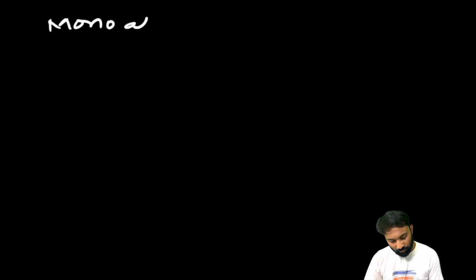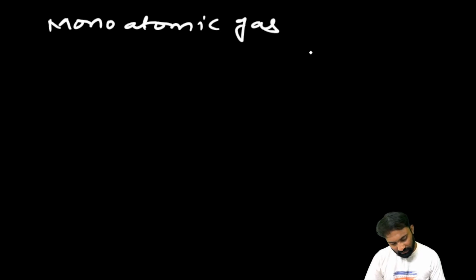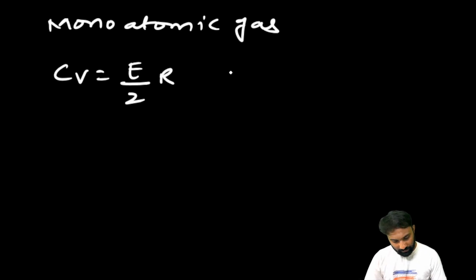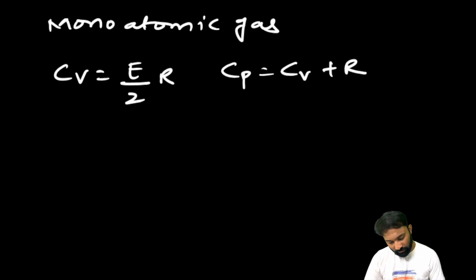For the monoatomic gas, if I want to calculate the degree of freedom, Cv is equal to f by 2 R and Cp is equal to Cv plus R. These are the formulas we are having.